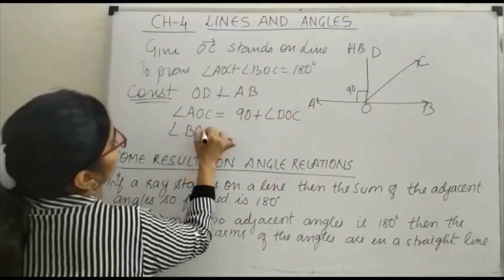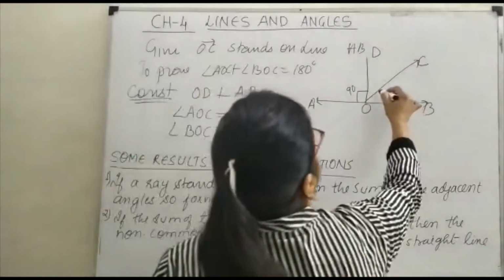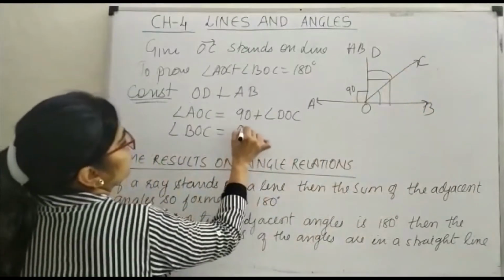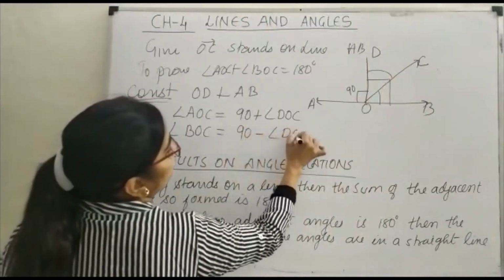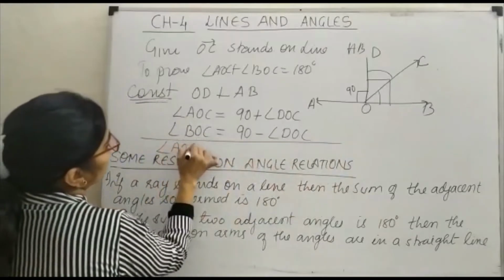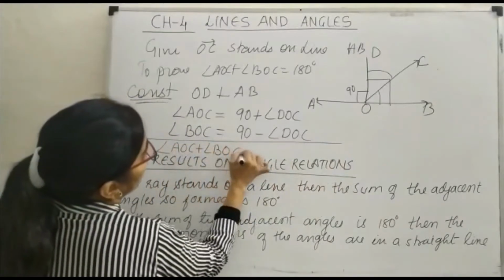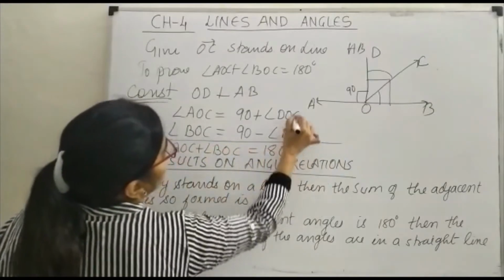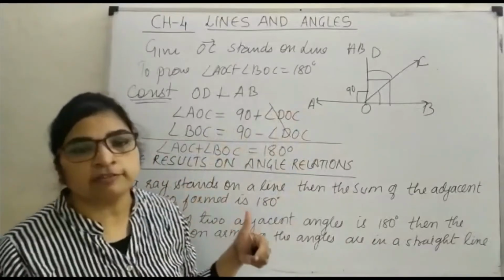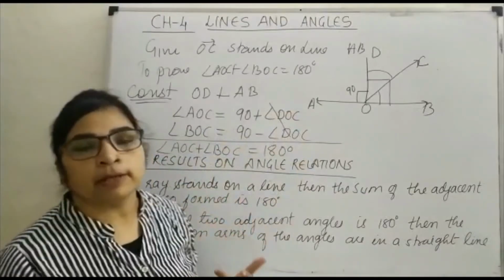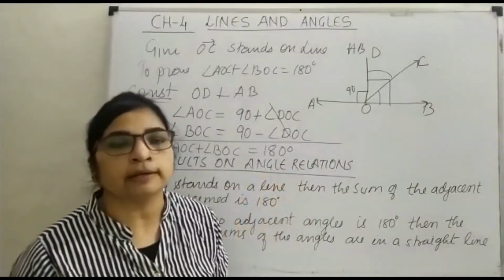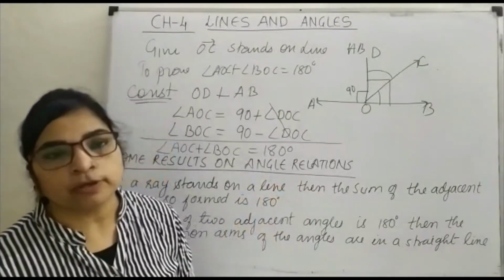Your BOC will be equal to 90 minus angle DOC, since this whole is 90 and you subtract DOC. When you add them, you can see here angle AOC plus angle BOC is equal to 180 degrees, because the plus and minus cancel. So this is the very first result which we will be using in many questions: if a ray stands on a line, then the sum of the two angles is equal to 180, or in other words it forms a linear pair.